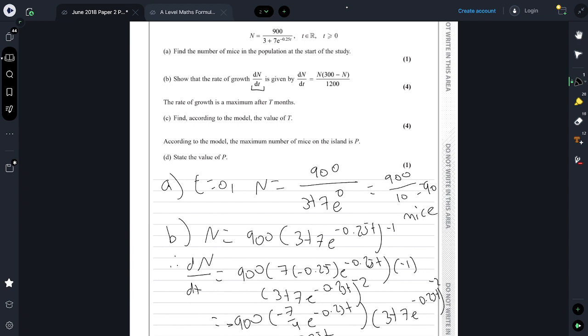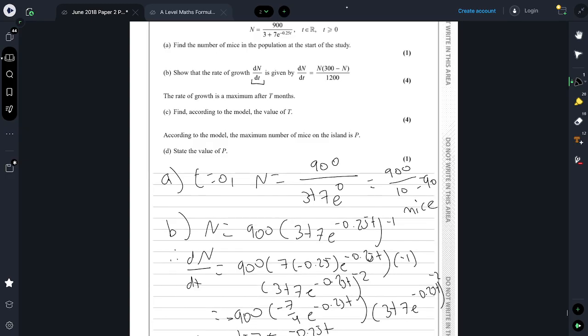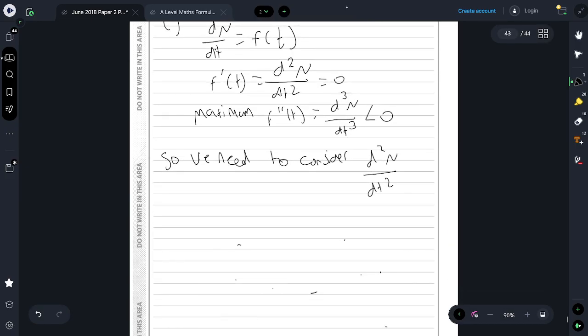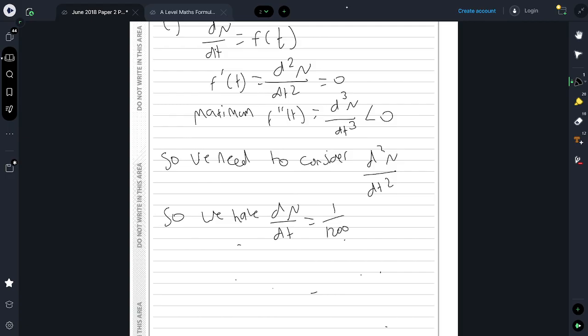Now again, you told us part B for a reason. So if this is dn by dt, we have dn by dt, which is 1 over 2000 of n of 300 minus n, right?